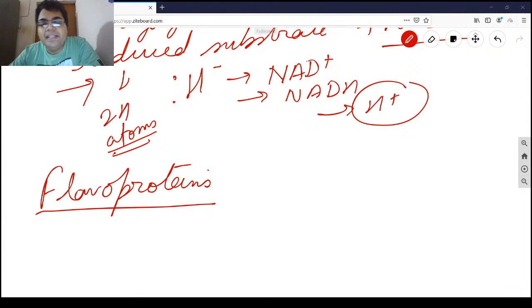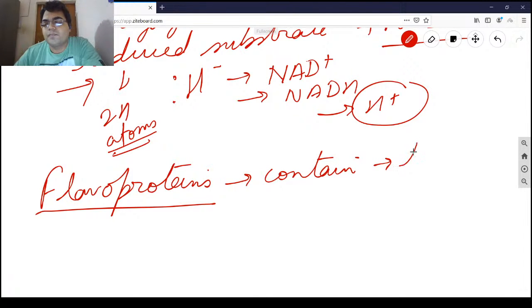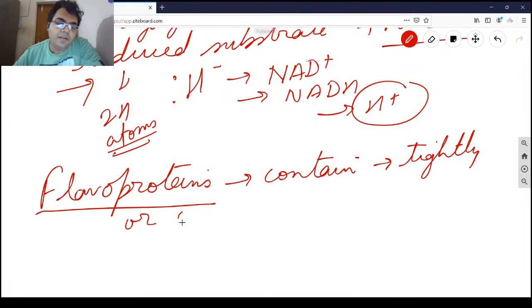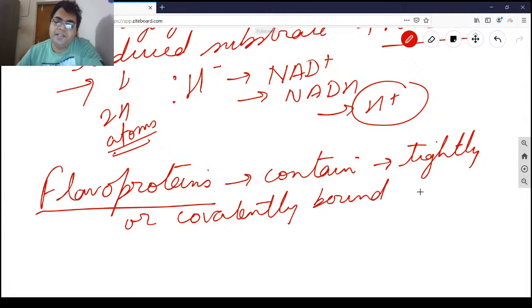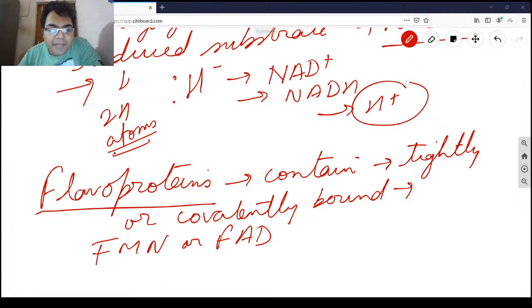The flavoproteins contain very tightly, sometimes covalently bound, FMN or FAD. Tightly means by non-covalent interaction, or even covalently bound, meaning a true chemical bond. FMN is nothing but flavin mononucleotide. FAD is flavin adenine dinucleotide.